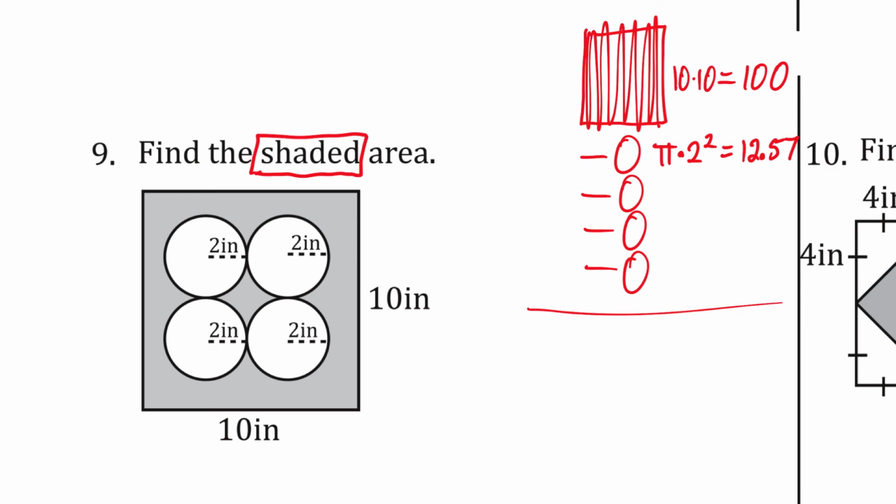Now, is there just one of those circles? No, there's 4 of them. So what I'm going to do is take the 100 that I started off with, and subtract off 4 of those circles. So basically, I'm going to do 100 minus 12.57 minus 12.57 minus 12.57 minus 12.57.